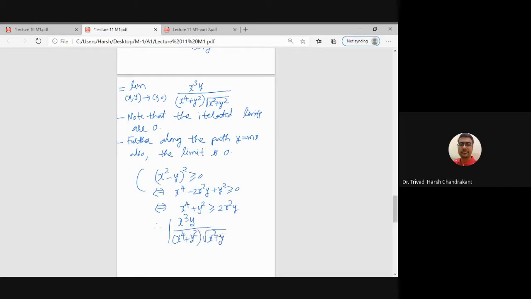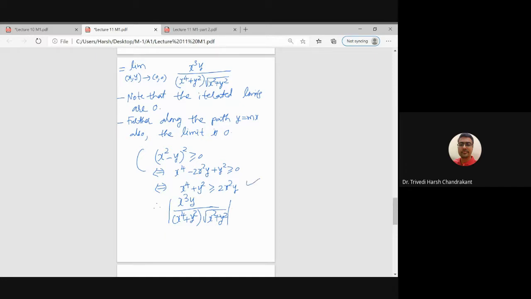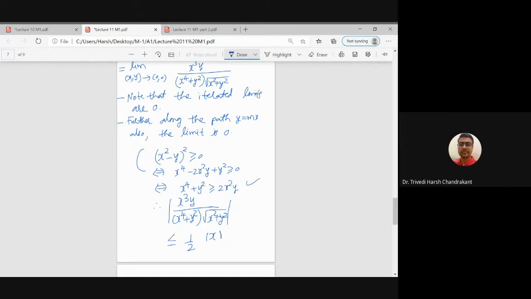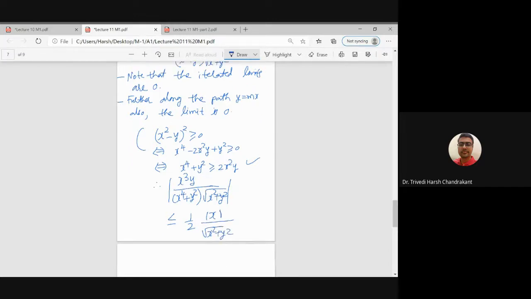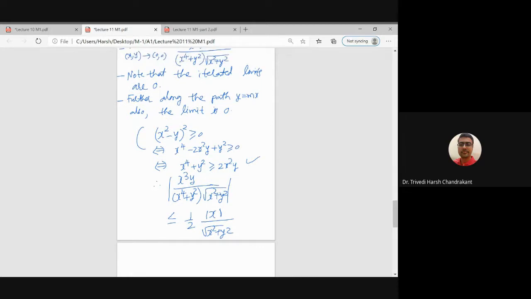You can do this with the AM-GM inequality also. So this term is less than or equal to half times modulus of x divided by x square plus y square. And then we know that modulus x is less than or equal to x square plus y square. So what we get is less than or equal to half, but we don't get the term of square root x square plus y square here.